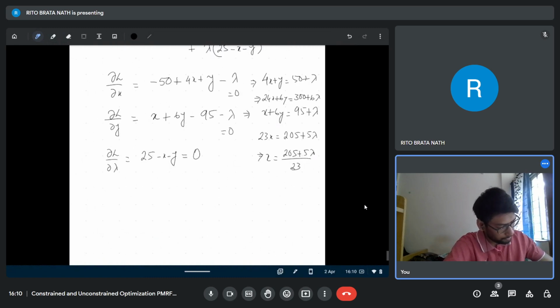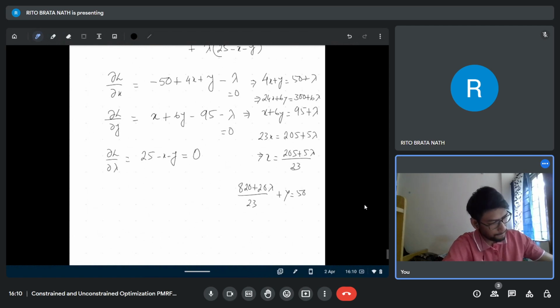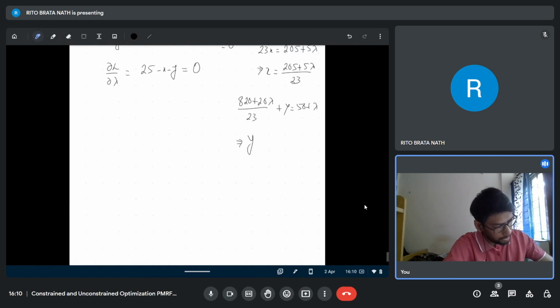So (820 plus 20 lambda) by 23 plus y equals 50 plus lambda. So y is (330 plus 3 lambda) by 23.